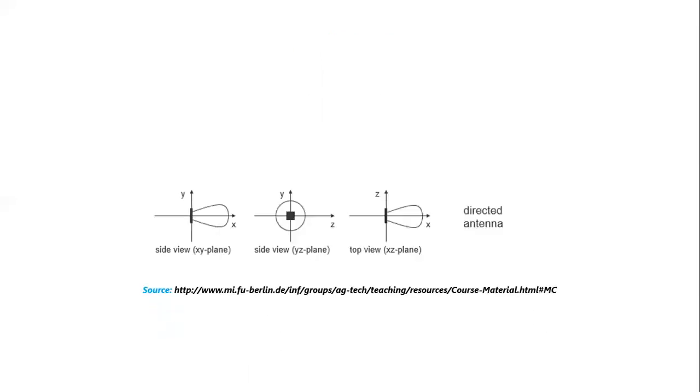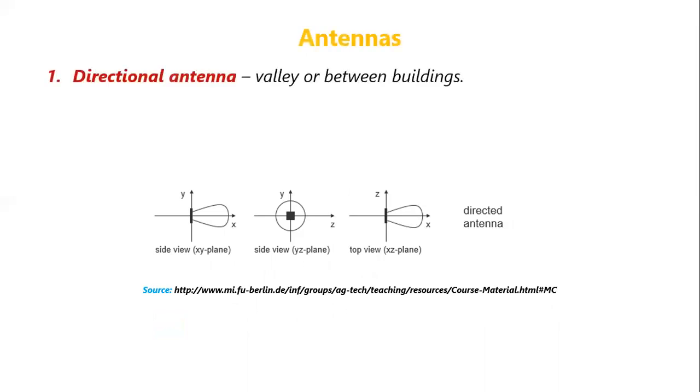The next type of antenna that we'll be discussing is the directional antenna. The problem with the dipole antenna is that it cannot work properly with valleys, mountains, or buildings.